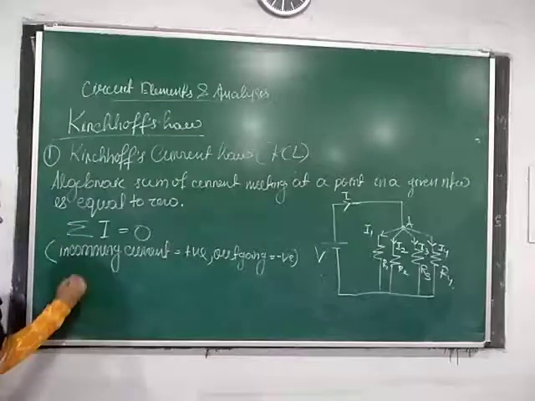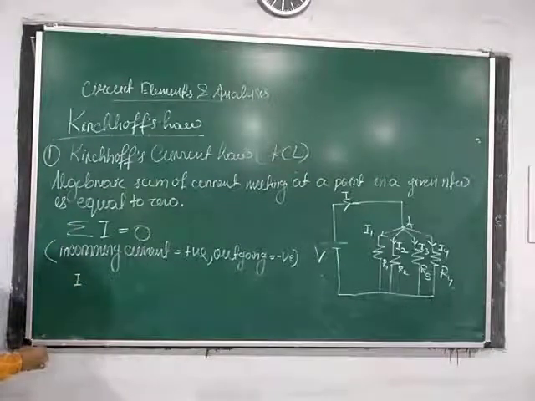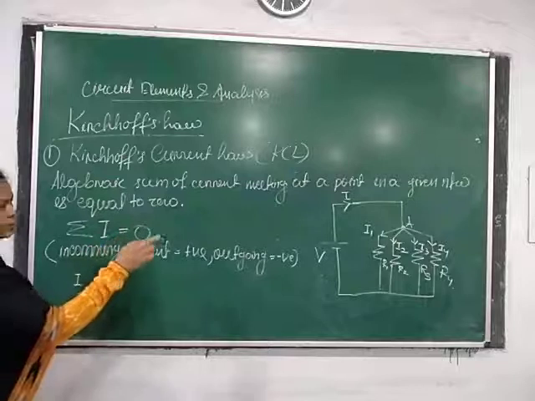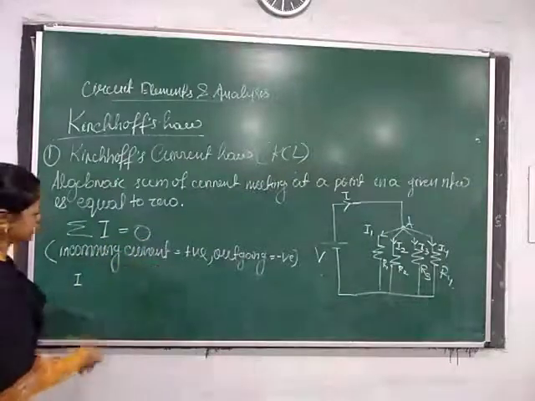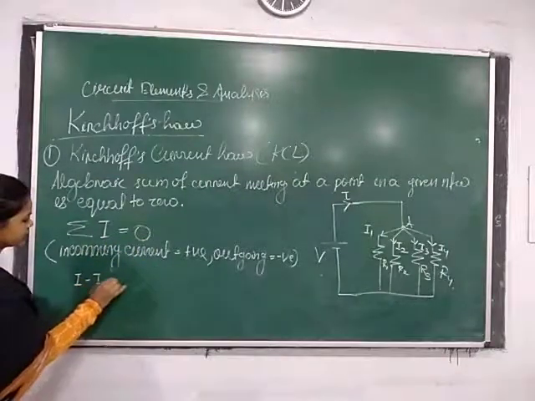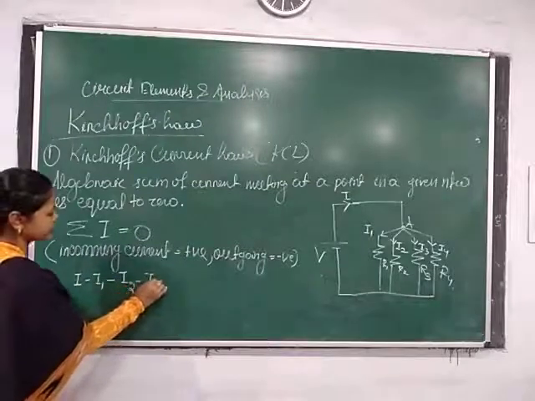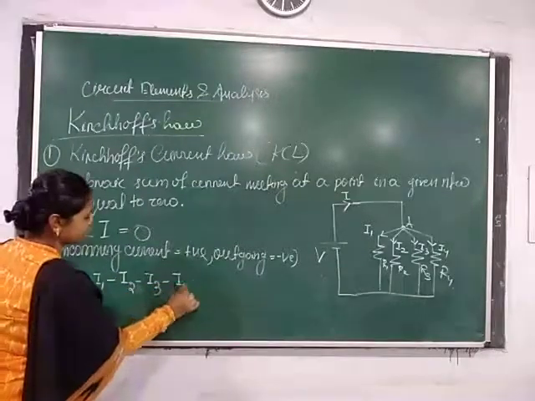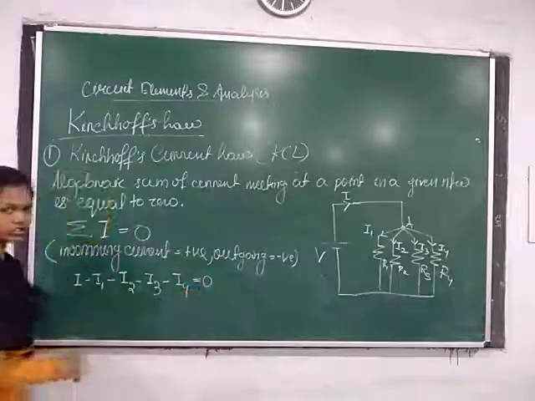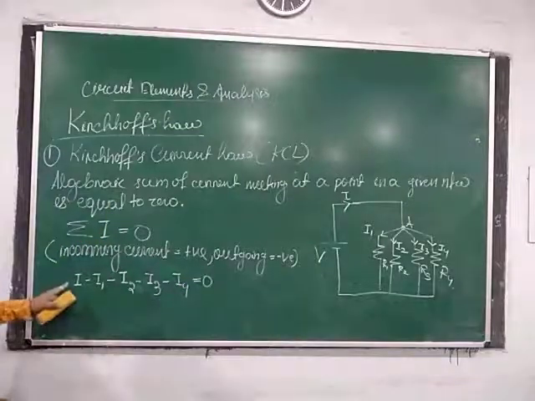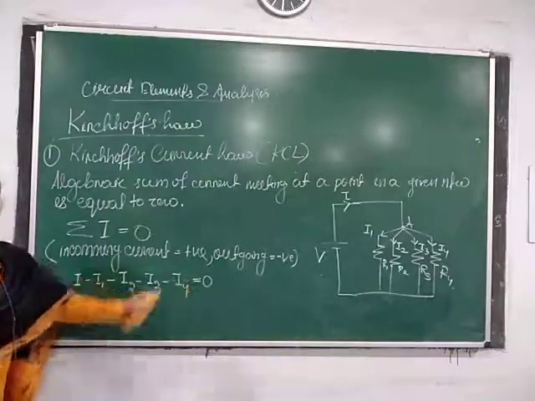I is the incoming. So I1 to I4 are the outgoings, so their polarity is minus. I minus I1, minus I2, minus I3, minus I4 is equal to 0. This equation gives the KCL equation.